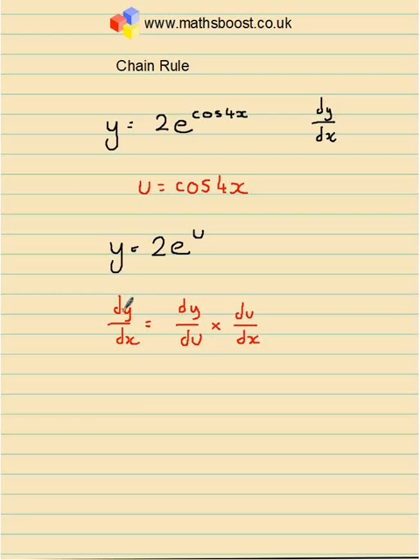And so whilst we can't do this directly, we can actually find what dy by du is, and we can also find what du by dx is. So together, when we multiply this together, we get our end result.